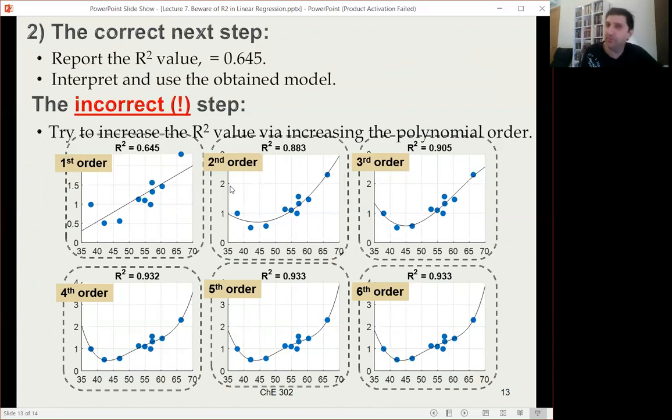You may say, okay, but maybe it's not an advantage, but is increasing R square and having a fifth order, sixth order model bad? Yes, it is. I'm not going to talk about the details; it is a little bit related to statistical learning concepts.